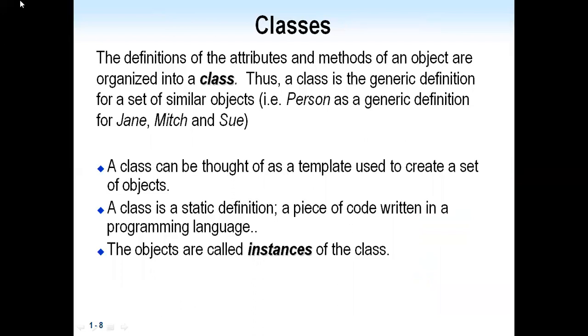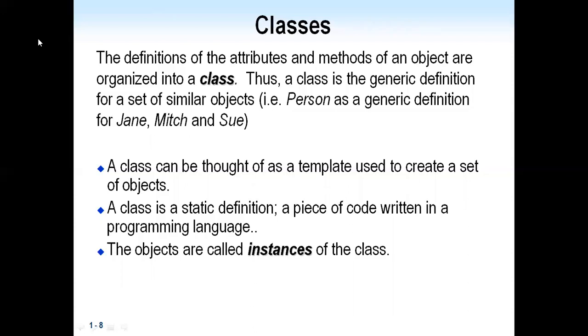Next, what is meant by class? The definition of attributes and methods of an object is organized into a class. A class is a generic definition for a set of similar objects. Suppose the person has a generic definition: name, father name, and date of birth.